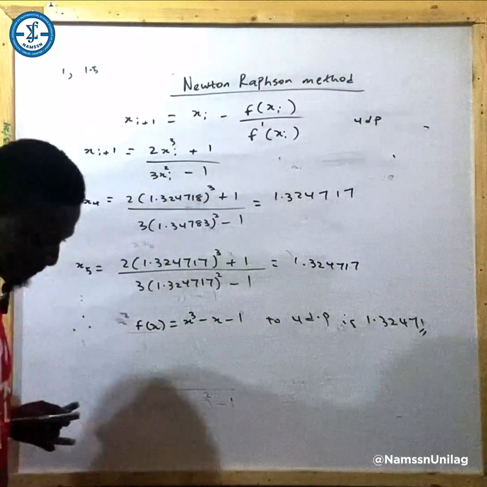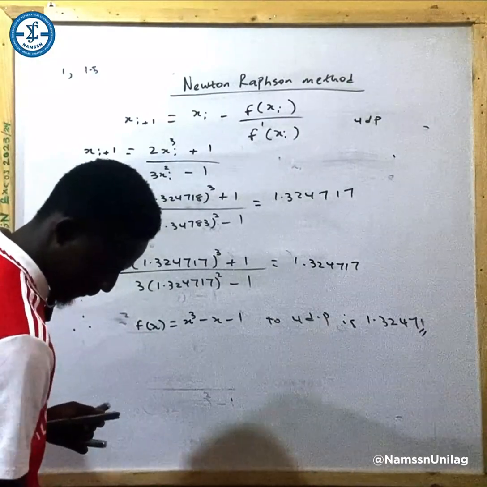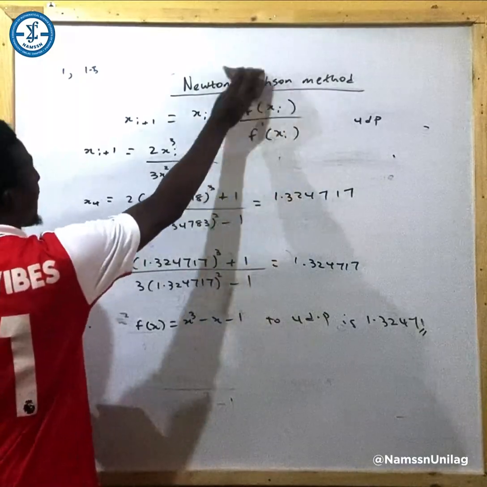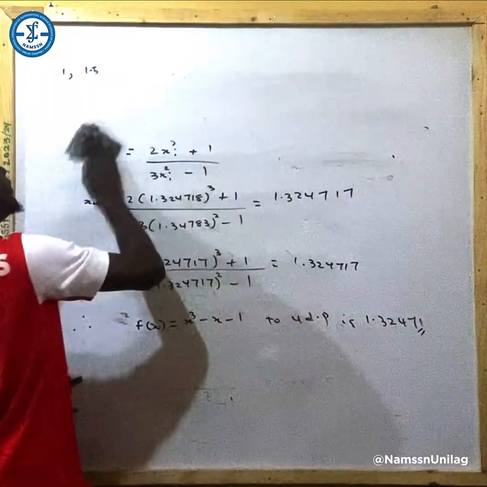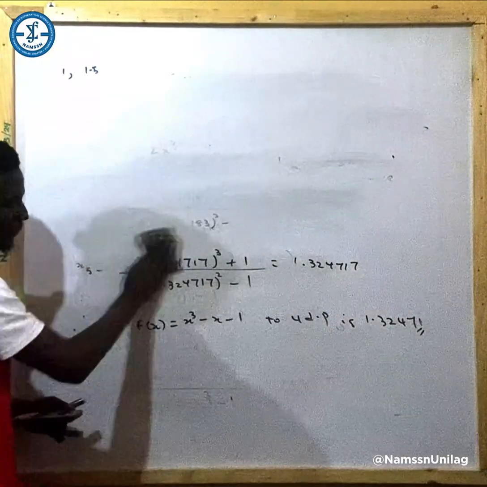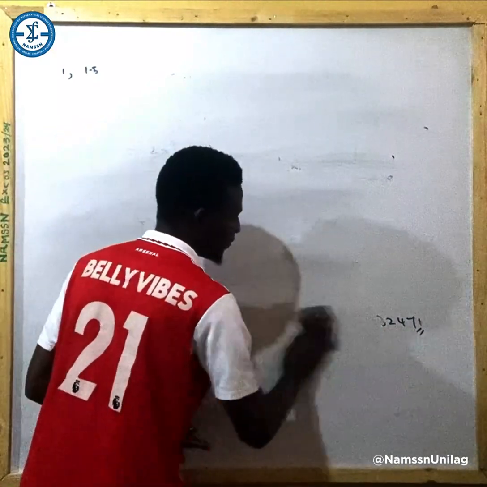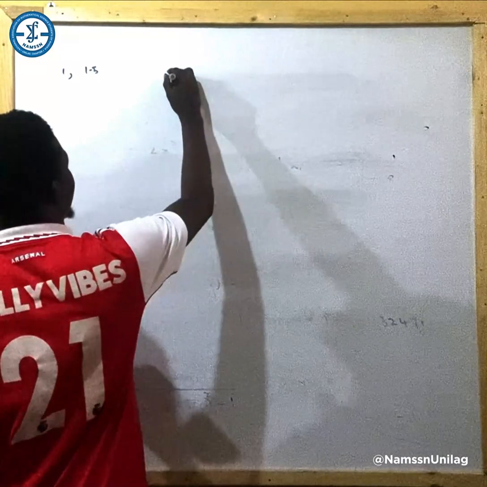So moving on to the next method quickly. So the next method is regula falsi.